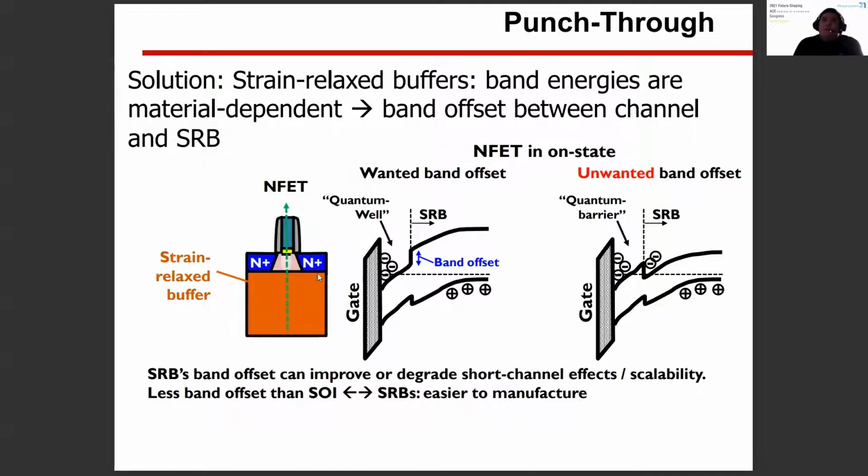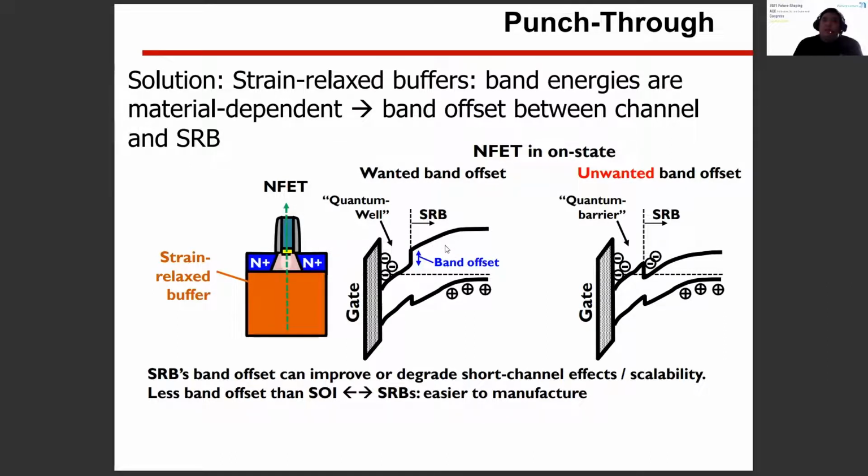However, if we put another material in the body, it then looks like there is another band offset, like in heterojunction diodes. If we put a narrower band gap in this channel and a wider band gap in this body, the amount of difference in width is the band offset.